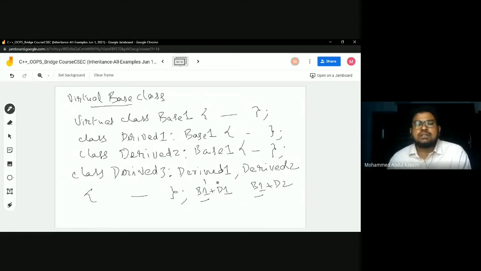It checks, and when it finds that there are two copies of base one, it eliminates one of them and ensures that only one copy will be made available. So this is how the operating system will take care. You don't have to bother about eliminating a duplicate copy, and that is all possible by just declaring the base class as virtual. This is solution one.